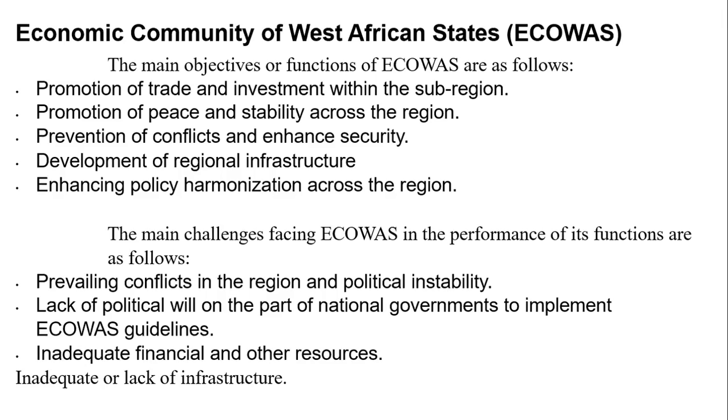So one aim of ECOWAS is to realize that ECOWAS is number one, a free trade area, number two, a customs union, and also the countries within the region implement quite similar economic policies.